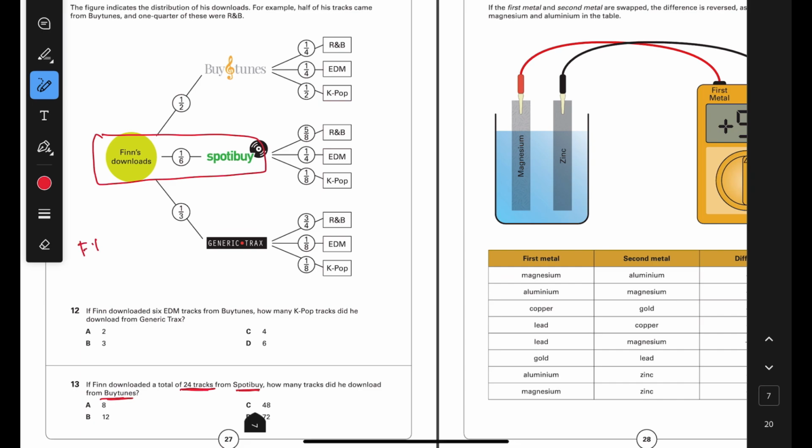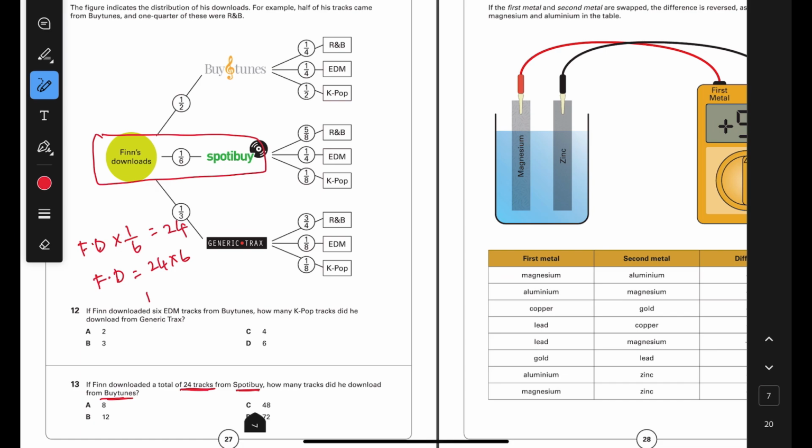So Finn's download times 1/6 is equal to Spotify. They have given Spotify as 24, so Finn's download is equal to 24 times 6. Because this is division, when it crosses the equals sign, it becomes multiplication.